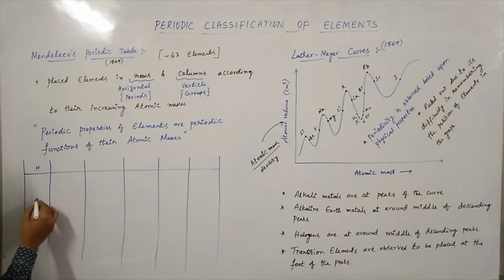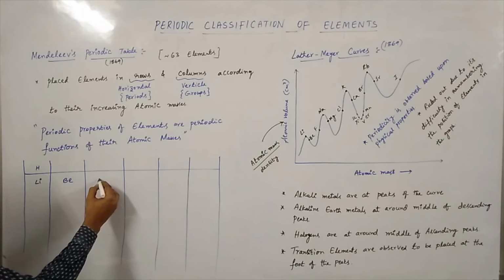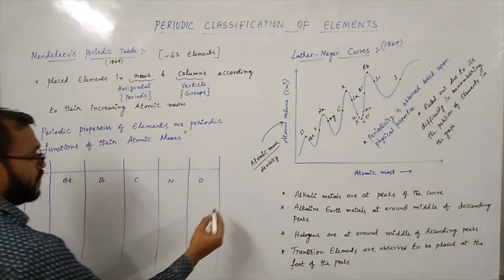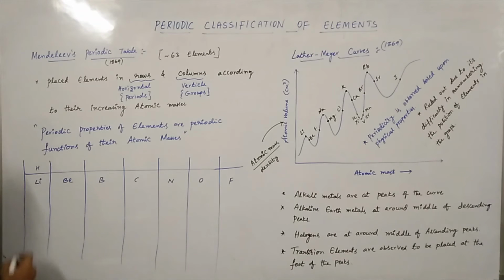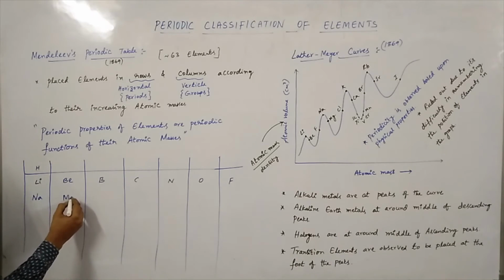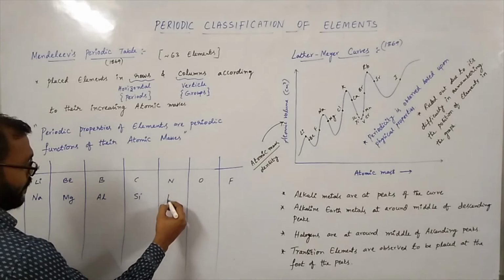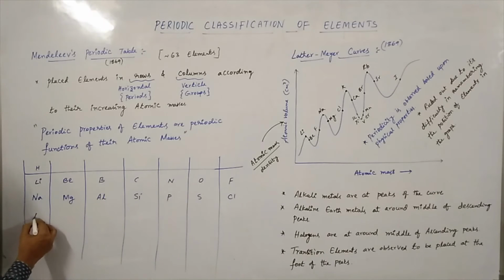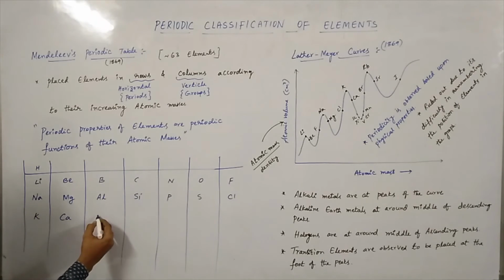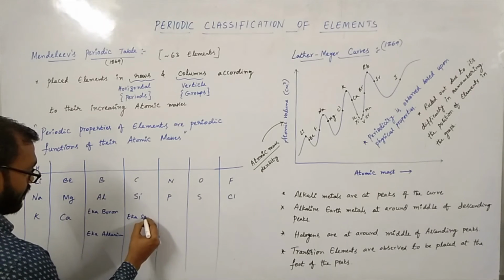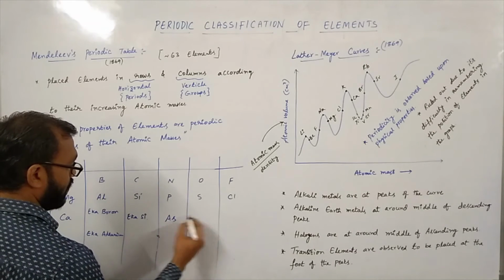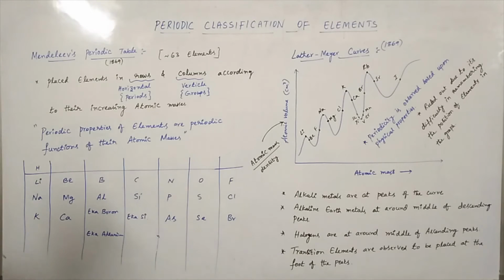If I consider hydrogen, lithium, beryllium, boron, carbon, nitrogen, oxygen, fluorine, then sodium, magnesium, aluminium, silicon, phosphorus, sulfur, chlorine, potassium, calcium, below that aluminium, silicon, arsenic, selenium, bromine, and so on.